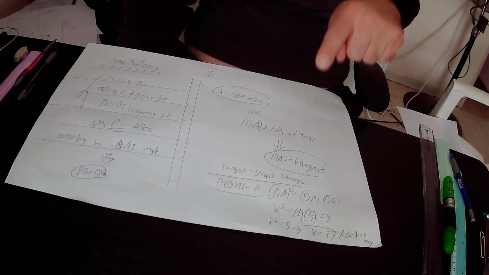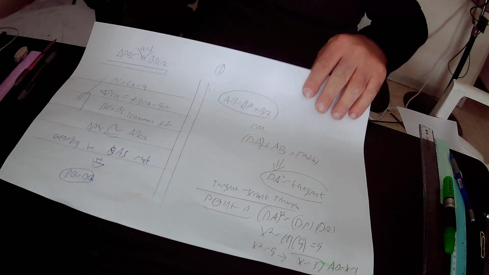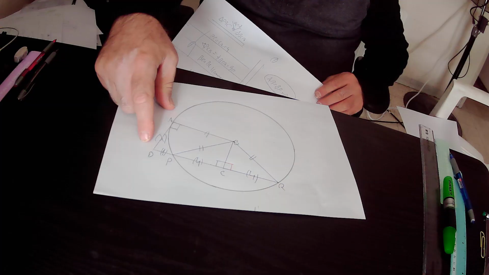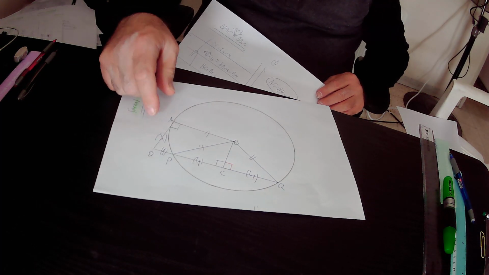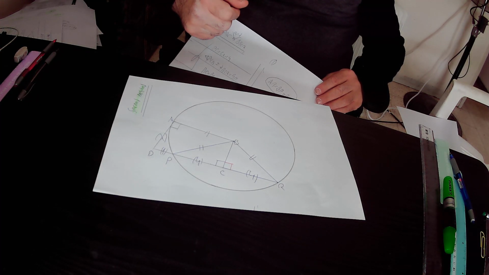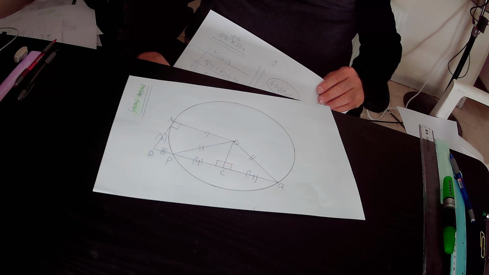If we solve the equation, we find that x equals the square root of 9, that is 3. So the length of line DA, which is x, equals 3 units on both methods. Okay, thank you very much.